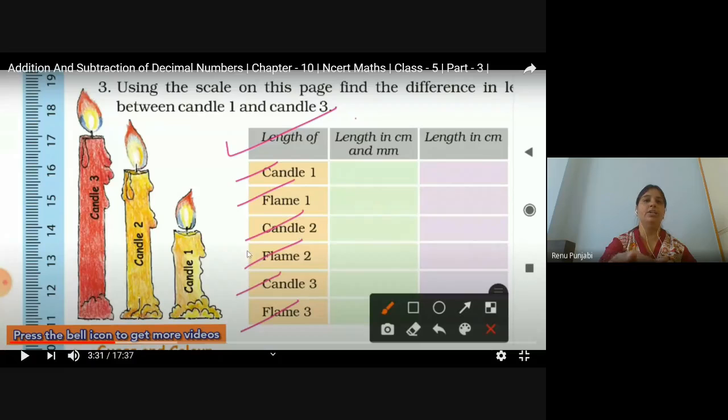Then measure candle 2, this is the candle and this is the flame. You have to measure the candle and the flame and write it in this block. Every candle and every flame measurement.